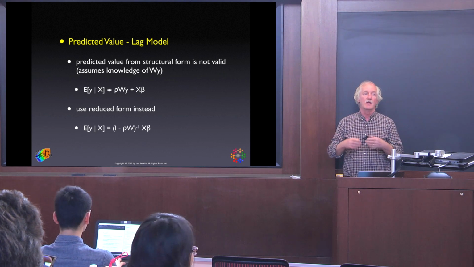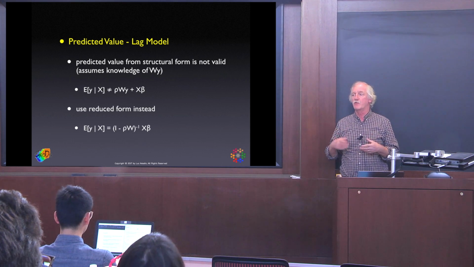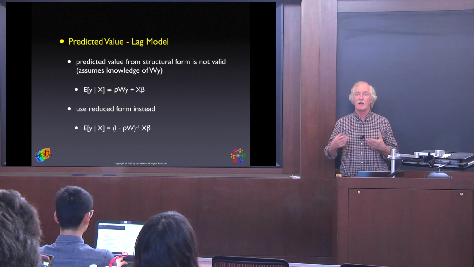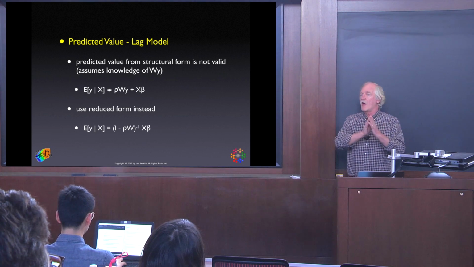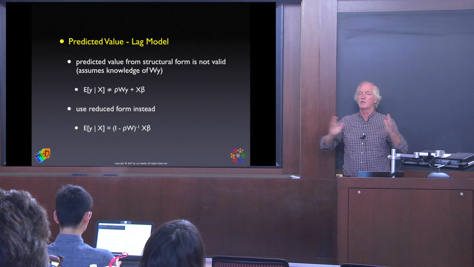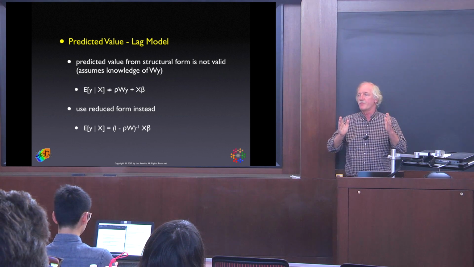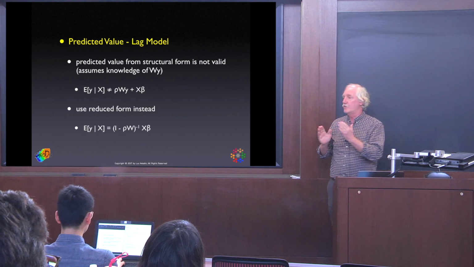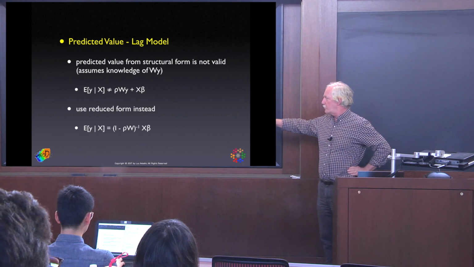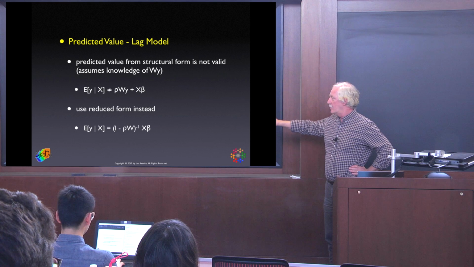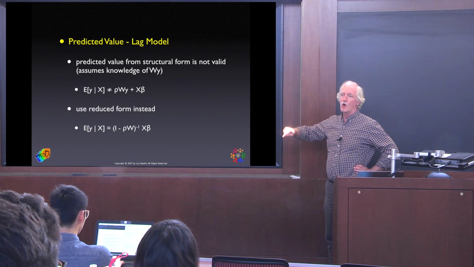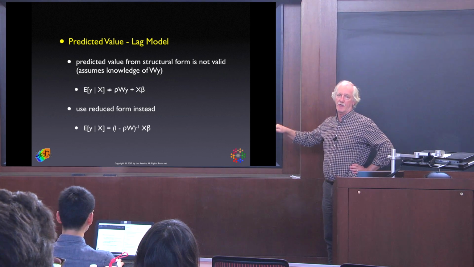So if you have 0.5 and you have 0.5 to the 20th power, if you have a calculator, you see that's a very small number. And so you don't have to actually do the full inverse. You can do the expansion. And each of these terms, if you look at this carefully, the first one is I times X beta. That's easy. The second one is rho WX beta.